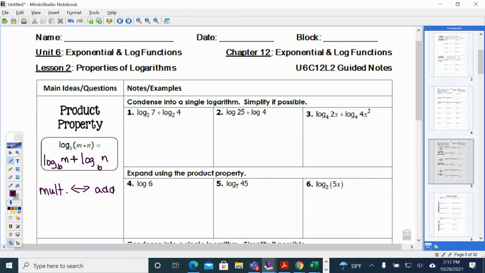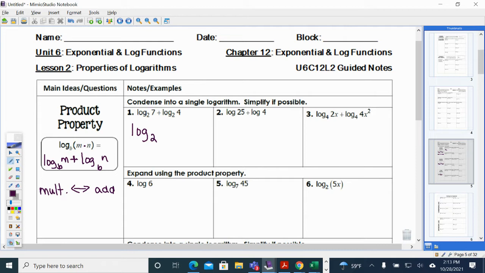In this first section, examples 1 through 3, it's asking us to condense into a single logarithm, simplify if possible. So number 1 says log base 2 of 7 plus log base 2 of 4. There's 2 logs here, and we want to make it one single log. So we're going to condense it. The bases are going to stay the same, so it's still going to say log base 2.